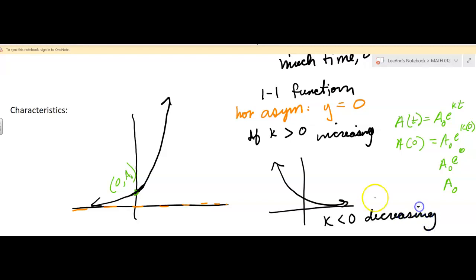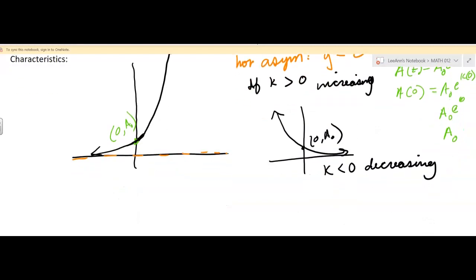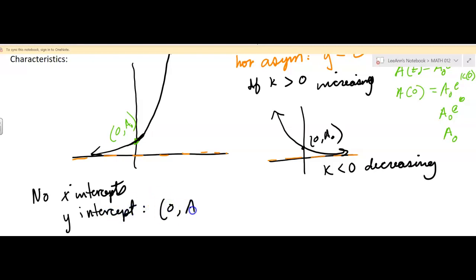It still goes through that point right there, 0, A naught. And there are no x-intercepts. Let me scroll up. There are no x-intercepts. By the way, the decreasing function also has an asymptote at the x-axis. And then the y-intercept, we know that, is the point 0, A naught.